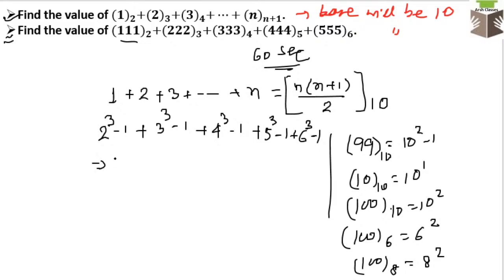Now 2 cube is 8, minus 1 is 7. 27 minus 1 is 26. 4 cube is 64, so this becomes 63. 5 cube is 125, so this becomes 124. And 6 cube is 216, so this becomes 215.